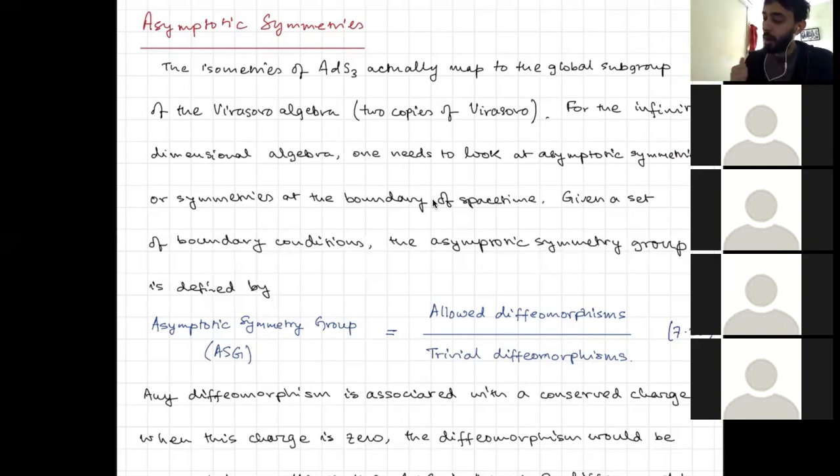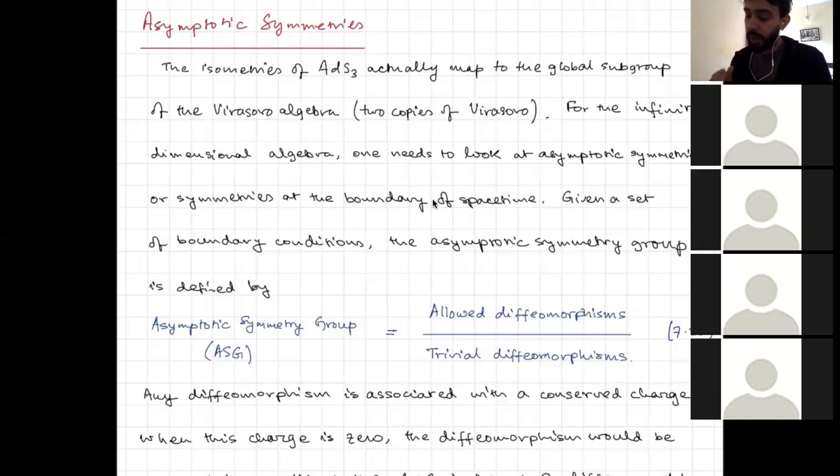Now if you are given a set of boundary conditions, there are particular diffeomorphisms which are going to respect these boundary conditions, and you can associate a charge for each of them.